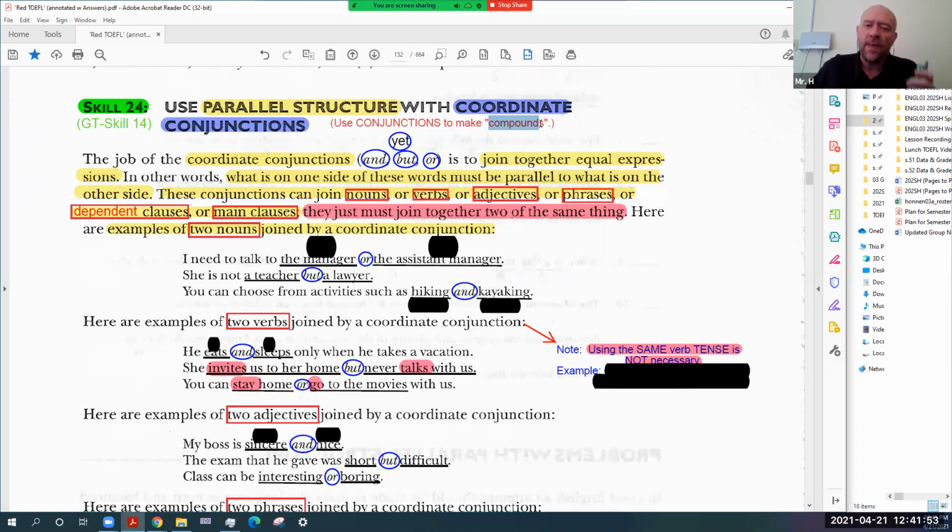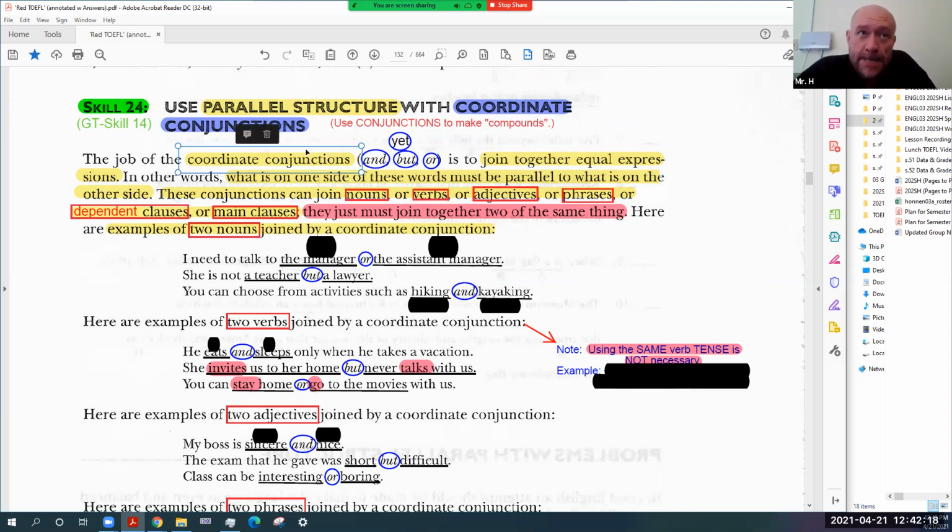Yes. How about this one? Mr. H's cat is fat, black, and ugly. A compound adjective. You understand? Yeah. Okay. All right. So you use the conjunction to make these compounds.